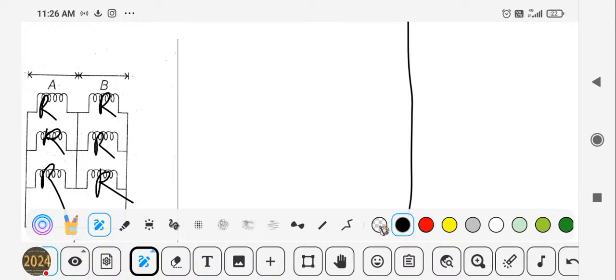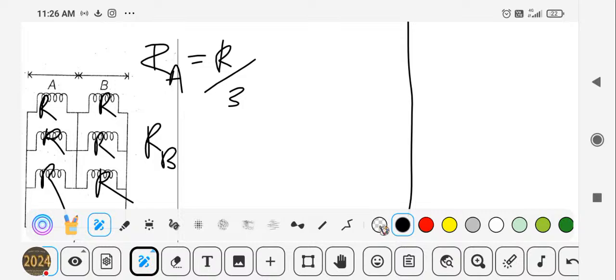This RA can be written as 1 by R plus 1 by R plus 1 by R, which will be 3 by R. Again, 1 by Ra is equal to 3 by R, so Ra is equal to R by 3, right? Again Rb, if you calculate the same, 1 by Rb is equal to 1 by R plus 1 by R plus 1 by R, which is 3 by R. If you invert the relation, Rb is again R by 3.